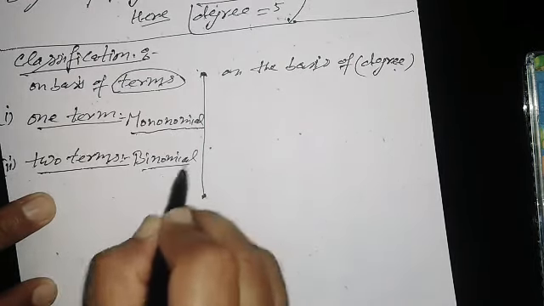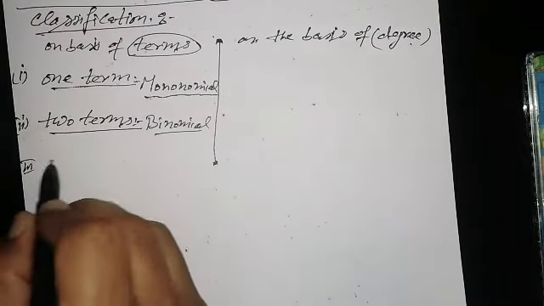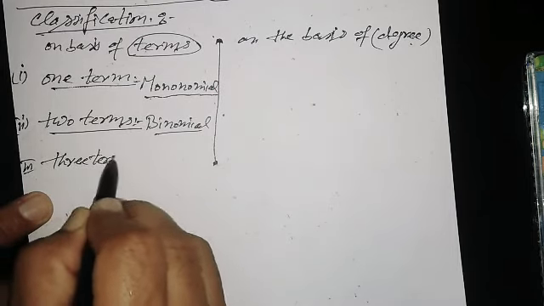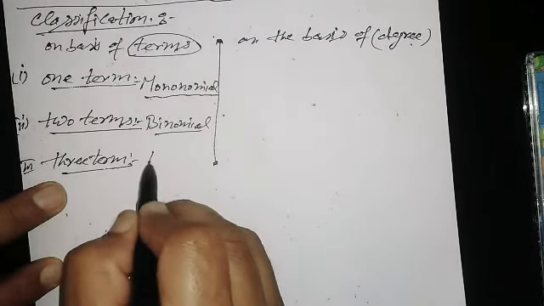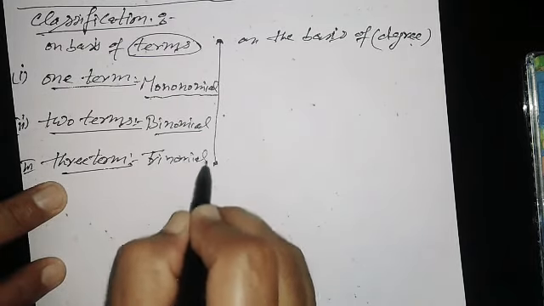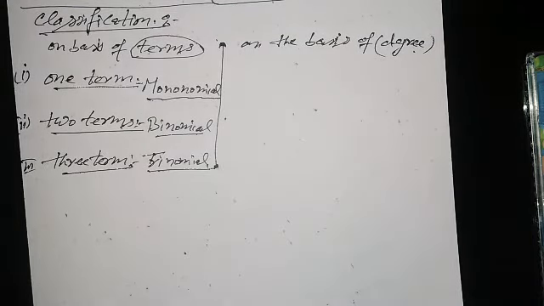Bi means two, right? And if it has three terms, it can be said trinomial. So the base of classification is the word term. Any polynomial containing number of terms can be given a specific name, monomial, binomial or trinomial and so on.